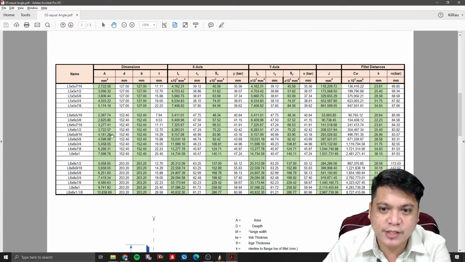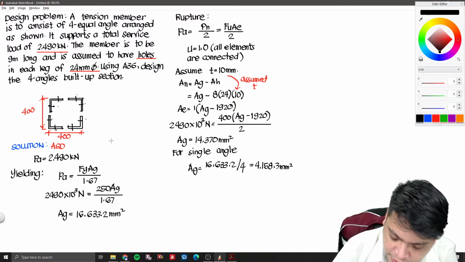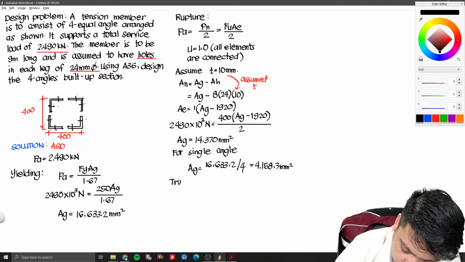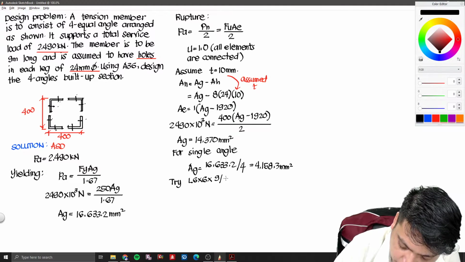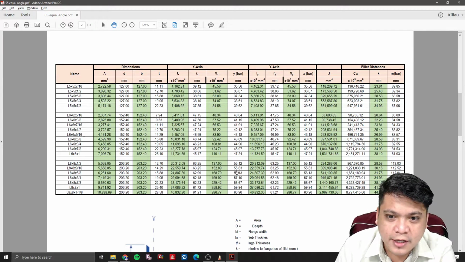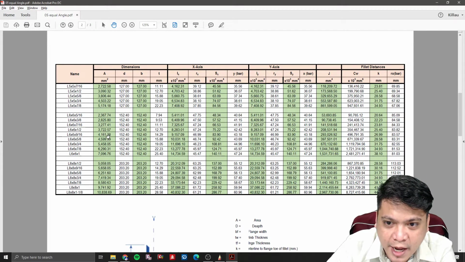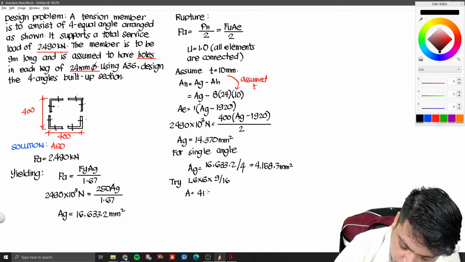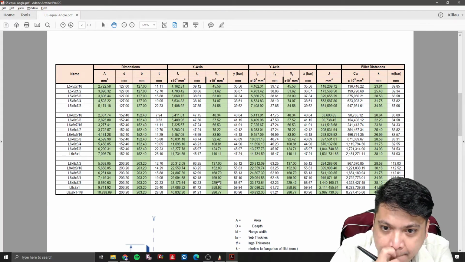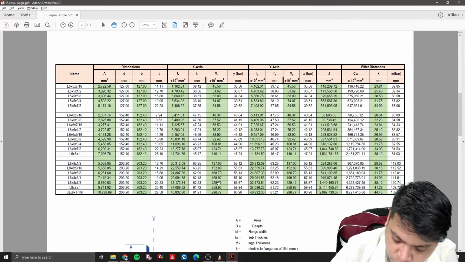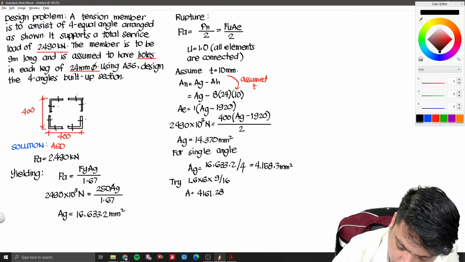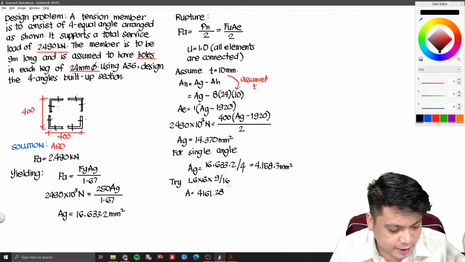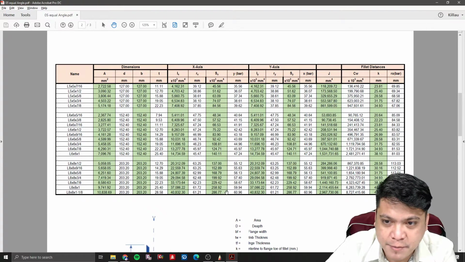Try L 6 by 6 by 9/16. So, try L 6 by 6 by 9 all over 16. Okay? So, what we need to get is the area. So, that's 4161.28. As well as, we need to get its leg. So, it is the same, 152.4.